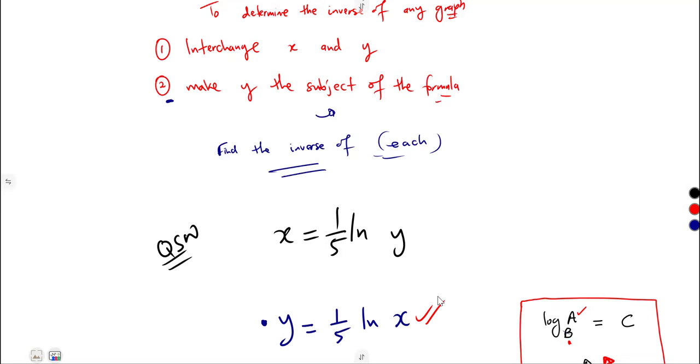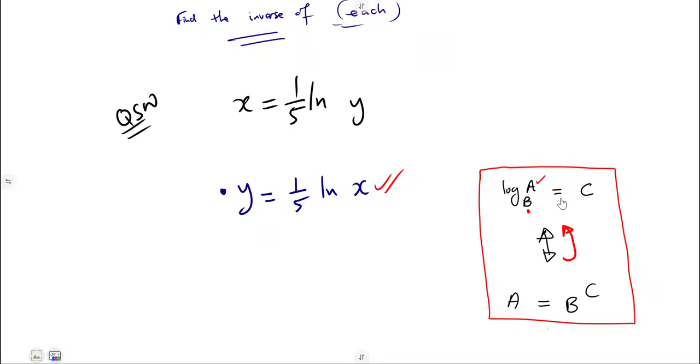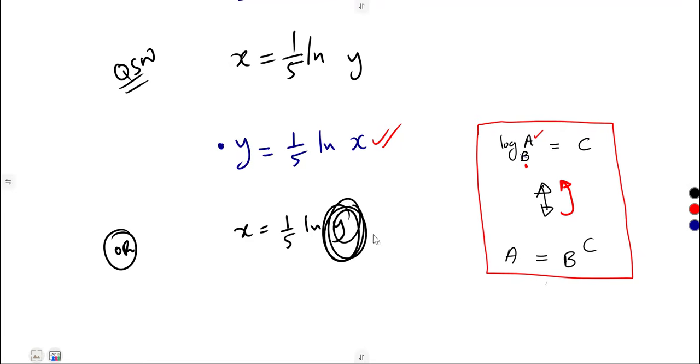It might be, like I said, how direct it is that is confusing. But let's go back to the normal understanding. We can rewrite x is equal to 1 over 5 ln of y in its original manner, because we are used to y being the subject. So let's get rid of the 1 over 5 by multiplying by 5.